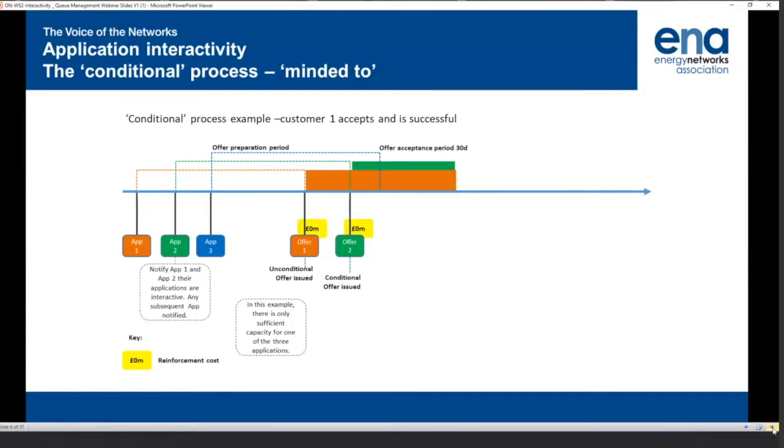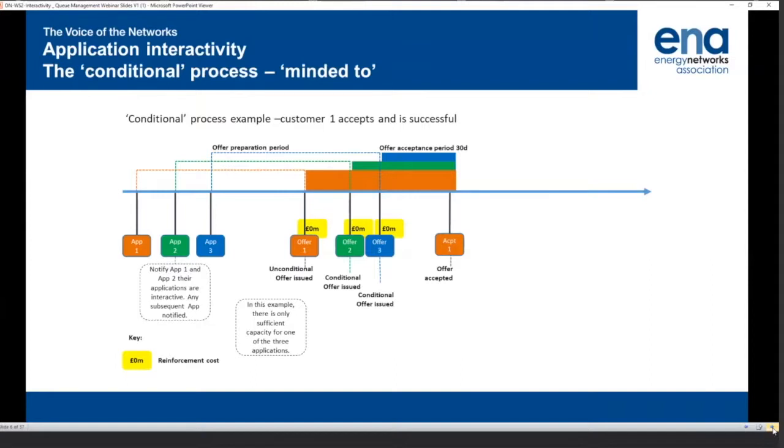So what the customer does for offer 1 will impact whether customer 2 can proceed or not. If we go to the next slide, Daniel. And then exactly the same for offer 3. Offer 3 is also issued, no reinforcement, but it's also conditional on the outcome of offers 1 and 2. If we go to the next slide.